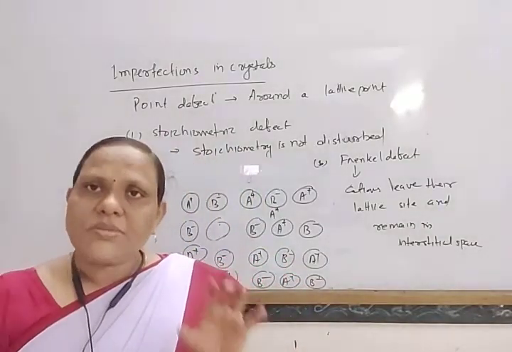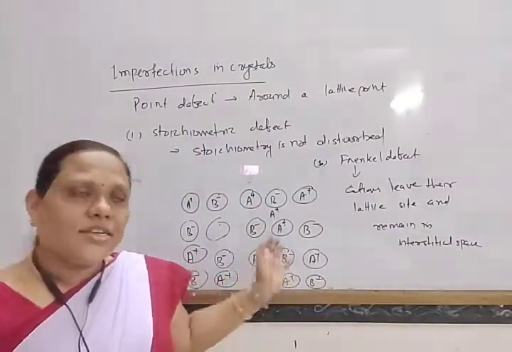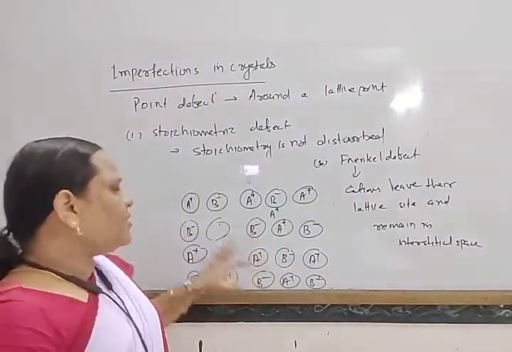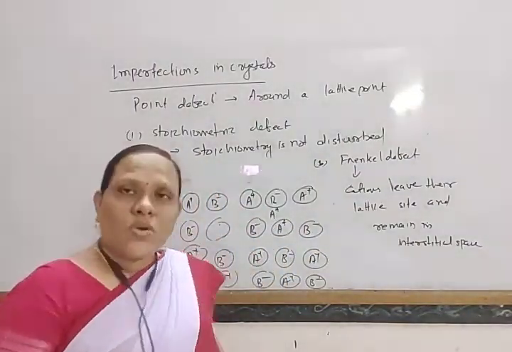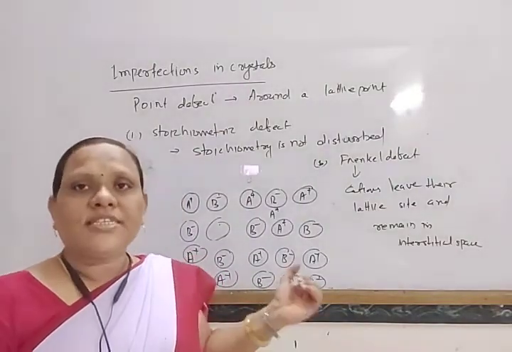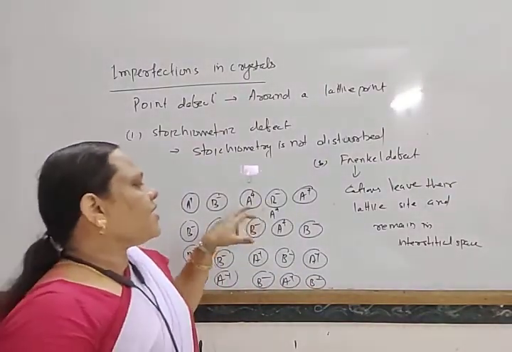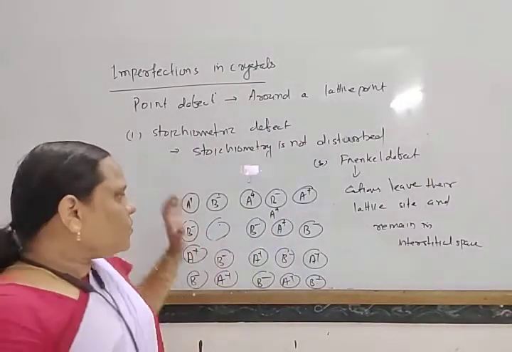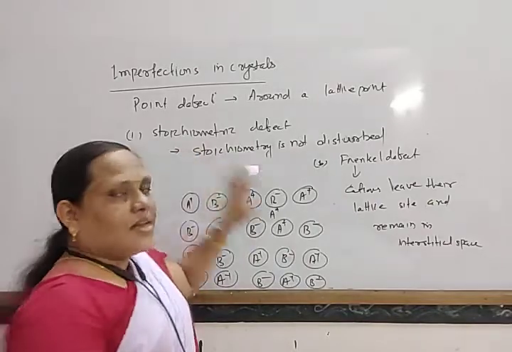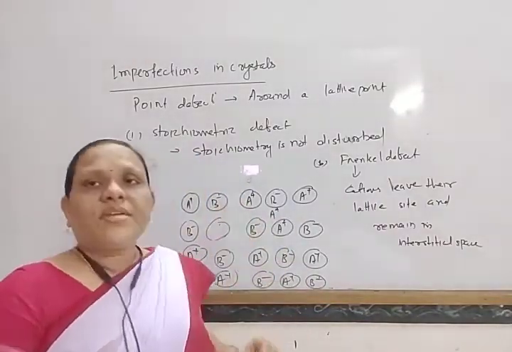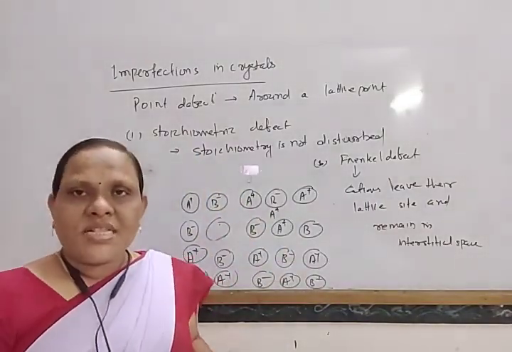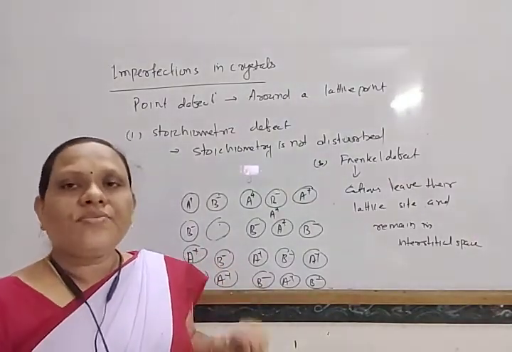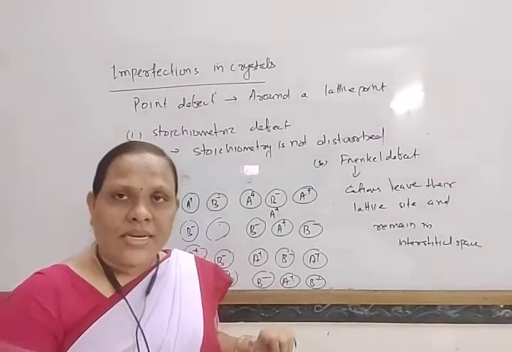As the cations have smaller size, cations leave their position instead of anions, and this type of defect is also called one type of interstitial defect because the cations remain in interstitial position. So the cations do not leave the crystal. In this way, the density of the crystals remains same, and here also a hole is created. That's why the electrical conductivity increases.